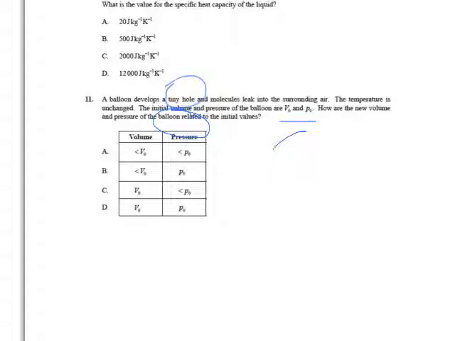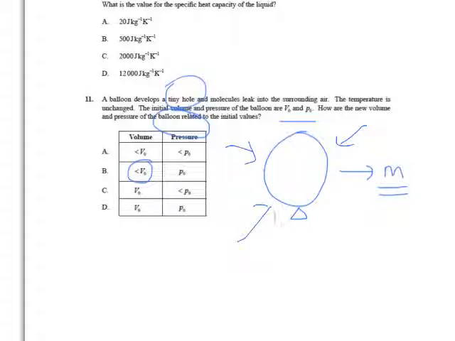The balloon itself has lost some of the molecules, so therefore its volume has decreased. The pressure, assuming it's a tiny decrease, is considered to be the same, as we still have the same atmospheric conditions pushing in. This is a very tricky question. There's always one or two like this, and I wouldn't worry about it too much. The answer is B.